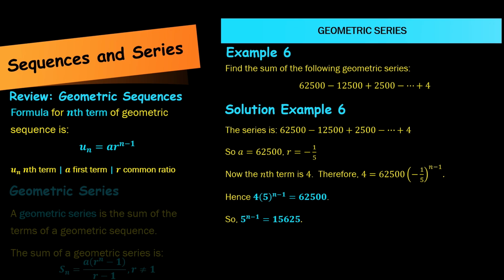And then we've divided by 4 to give us this expression here. Giving us this value for n minus 1, which is equal to 6. So we have that n minus 1 equals 6. And therefore the value of n is 7.